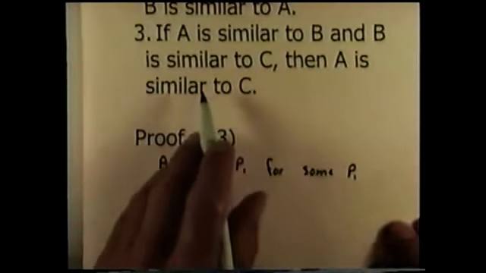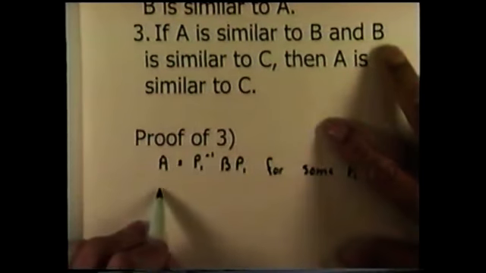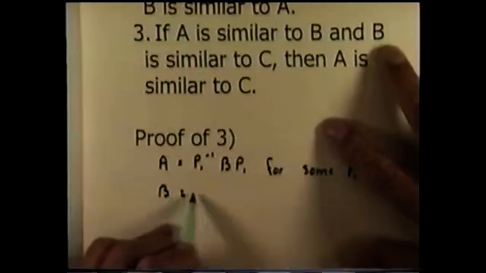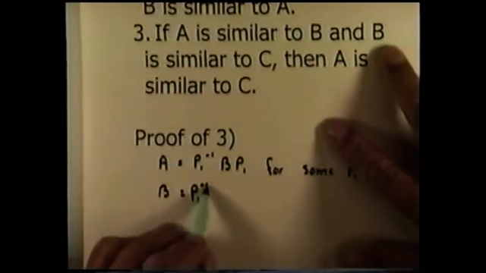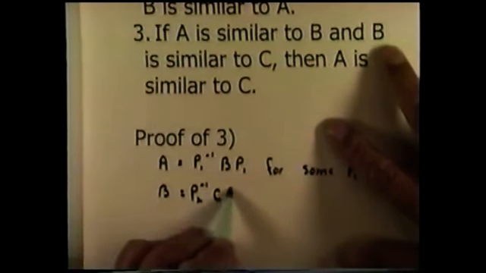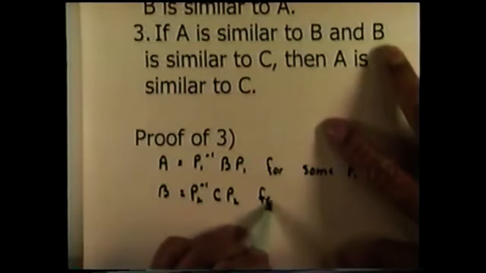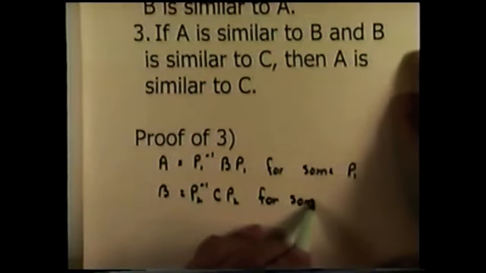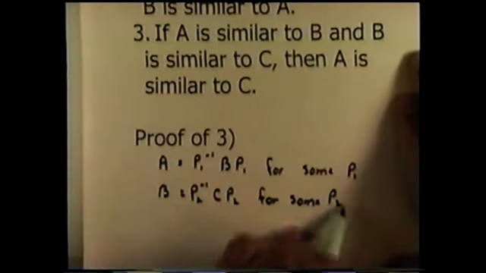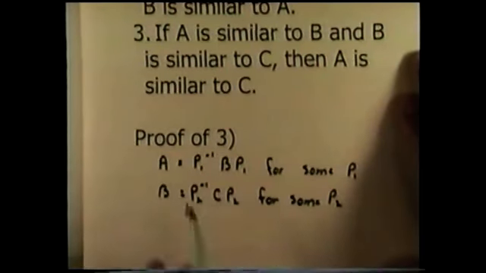Now, if B is similar to C, then B is equal to P2 inverse C P2 for some matrix P2, because that's the definition of similar.